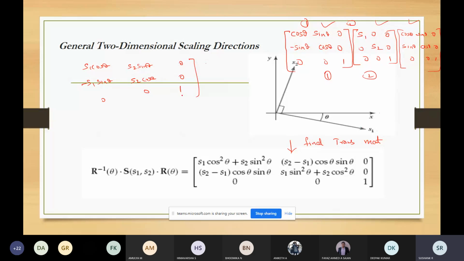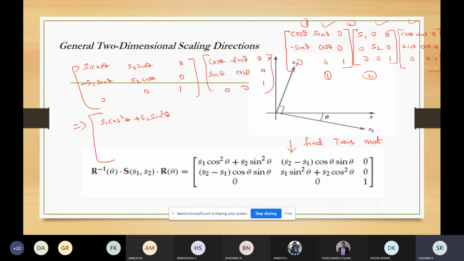After this I have to multiply this with cos theta, sin theta, 0; minus sin theta, cos theta, 0; 0 0 1. If I multiply this, s1 into cos theta will become s1 cos square theta plus s2 sin square theta. Then 0.